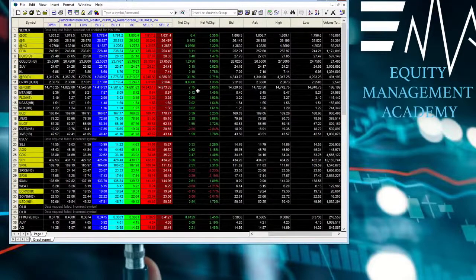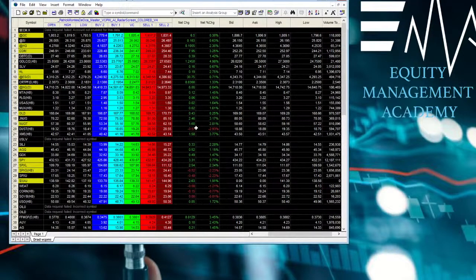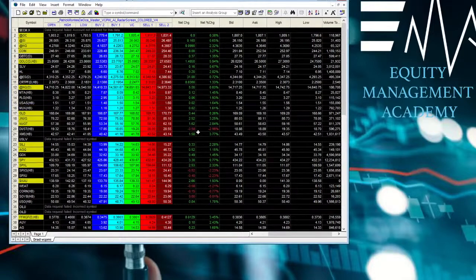As you can see, the green is primarily assets related to precious metals. Gold mining shares are substantially higher, and digital assets. So our portfolio looks pretty good this morning in terms of gaining equity.